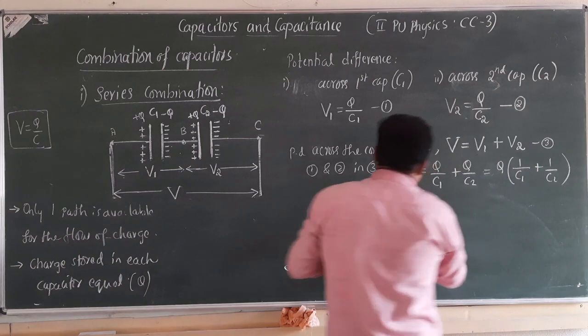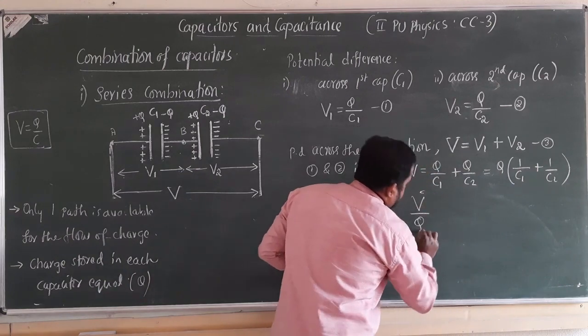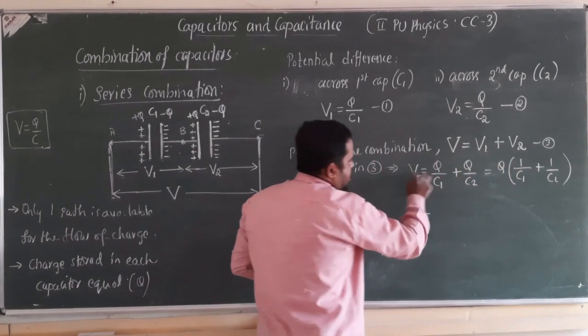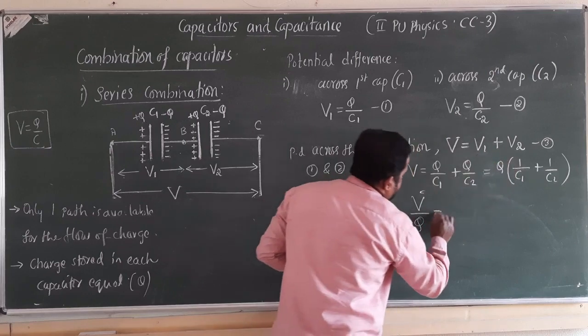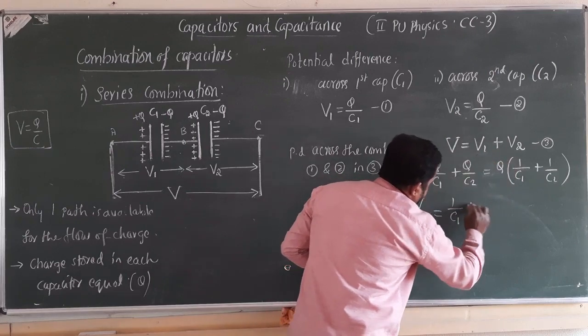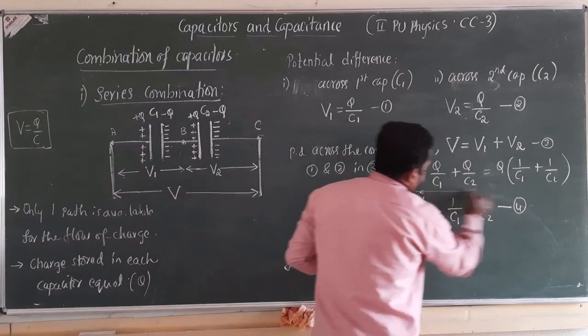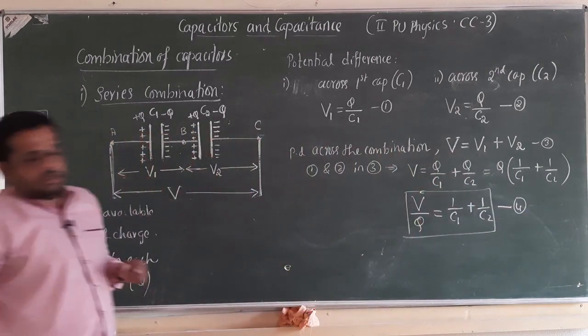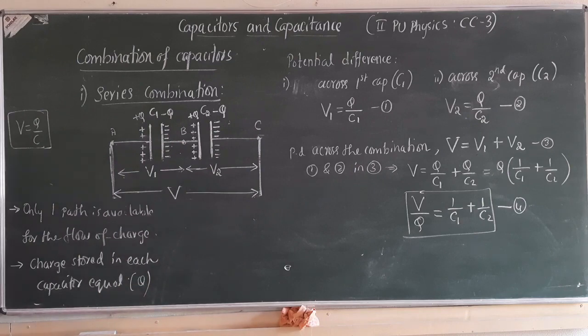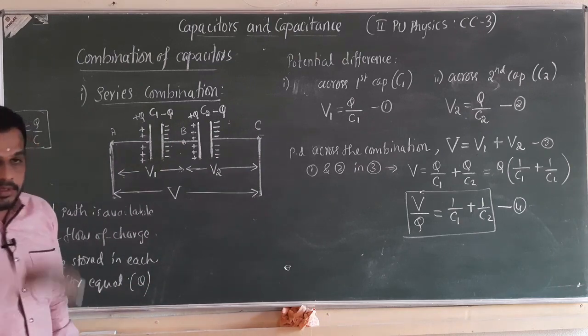Bringing Q onto the left hand side, V divided by Q is equal to 1 by C1 plus 1 by C2. Take it as equation number 4.